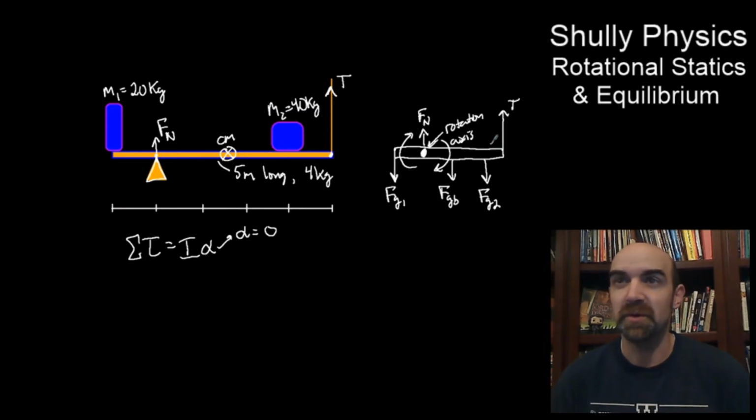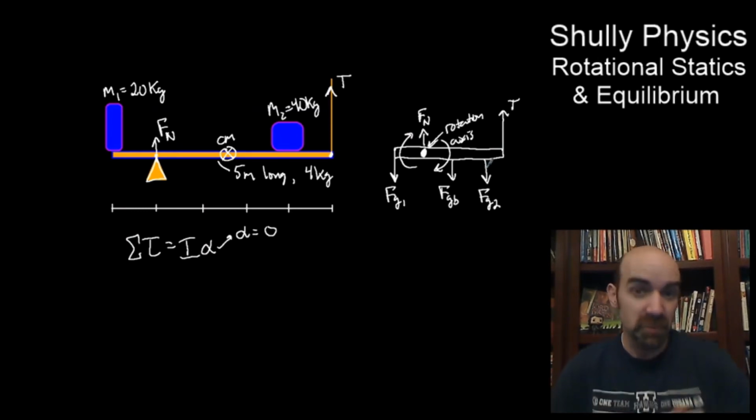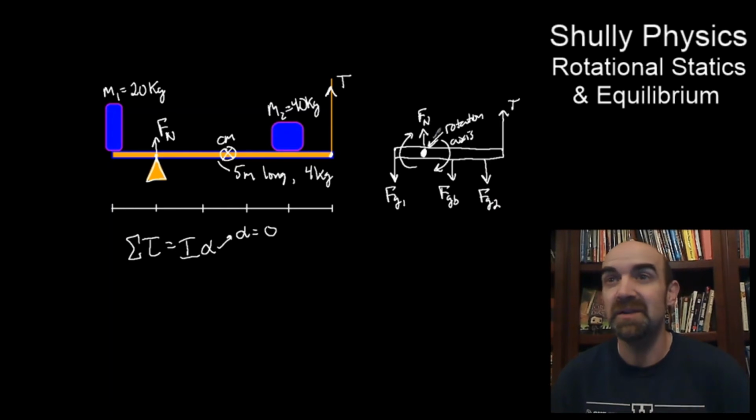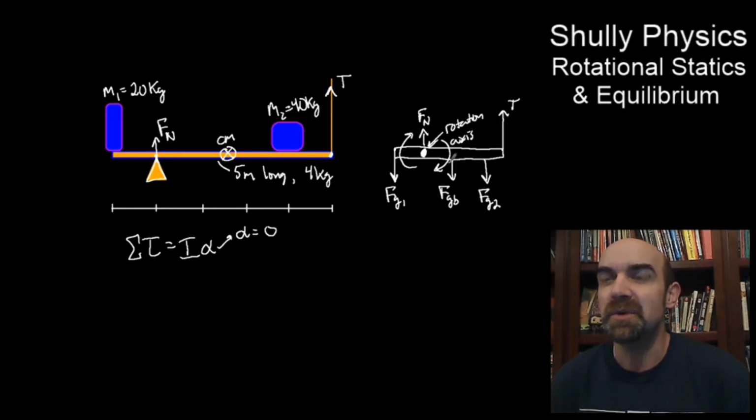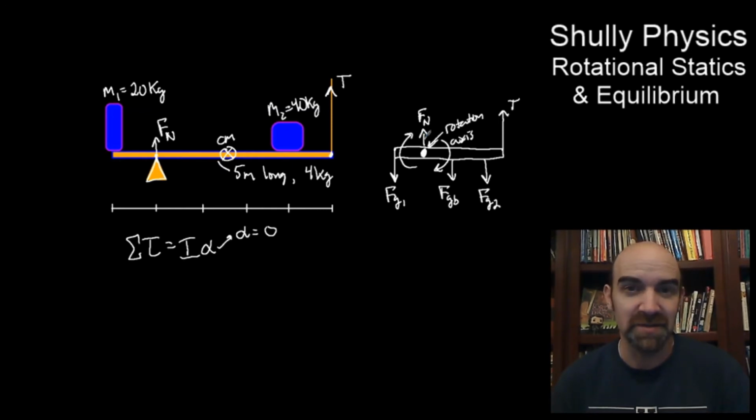And what forces over here would cause a downward motion? Those would be clockwise forces. Anything that goes counter to that would be counterclockwise. So right now, as I'm looking at this, the normal force would give 0 torque. It's being applied at that rotation axis, so the torque arm there is 0. Don't need to worry about that one.